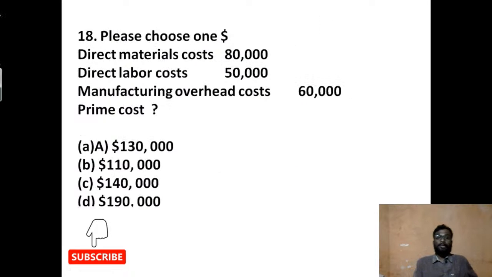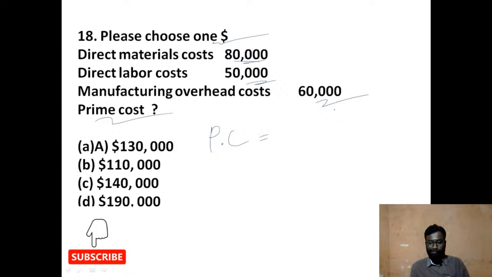So now try to understand. Guys, please choose. The direct material cost is 80,000. What is the value of prime cost? What is the formula of prime cost?